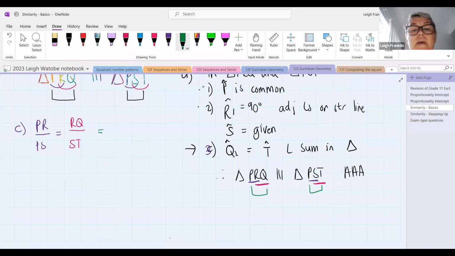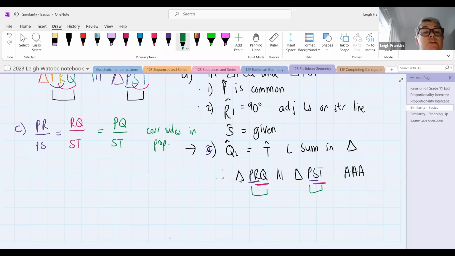So that means I'm going to write PQ over PT. Our reason here is because they are the corresponding sides in similar triangles. So we say corresponding sides in proportion, in similar triangles, but you don't have to write that part.